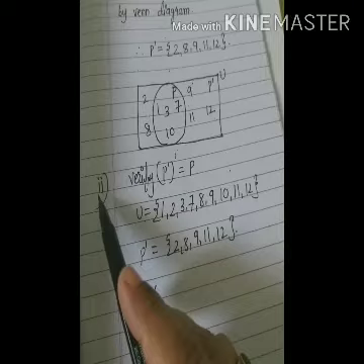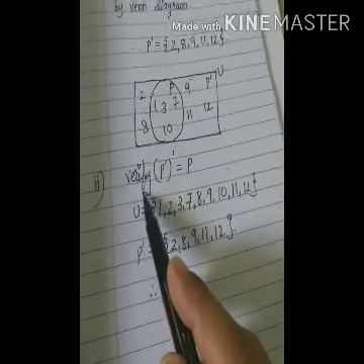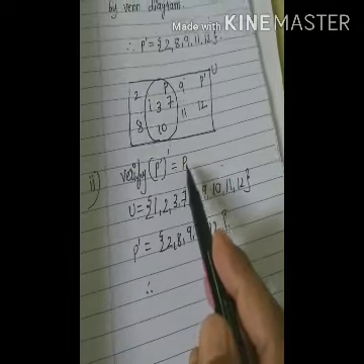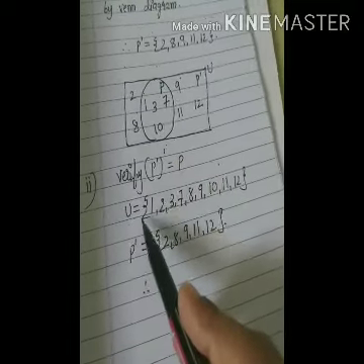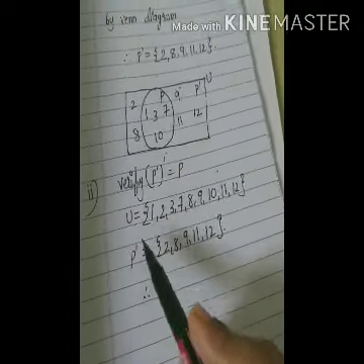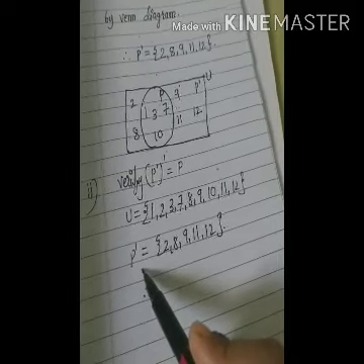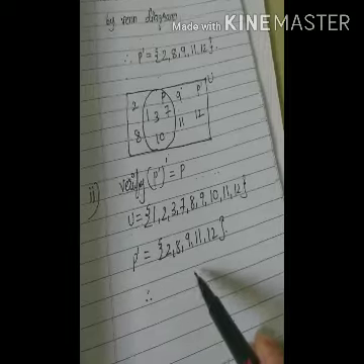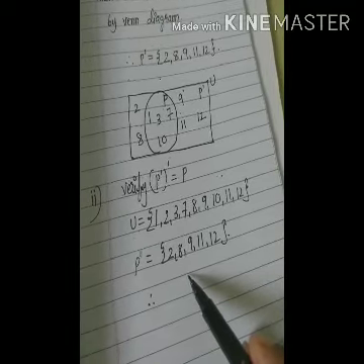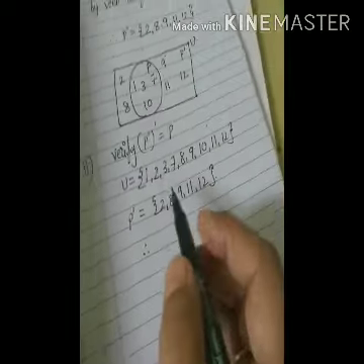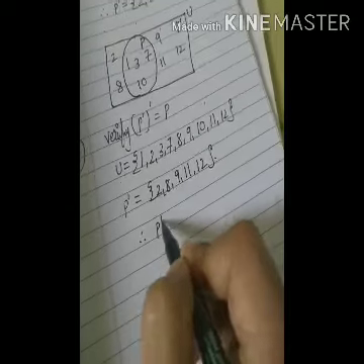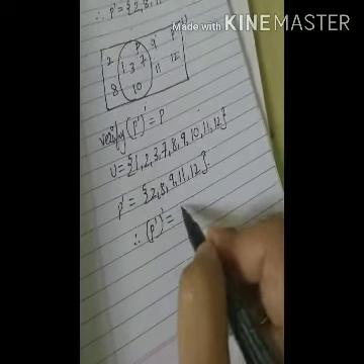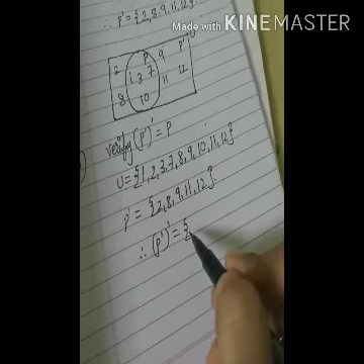Now children, sub question 2. Verify P complement of complement equal to P. We have the universal set and P complement. Now we have to find P complement of complement. So how to find it? Let's see. Take P complement of complement equal to, open the curly bracket.